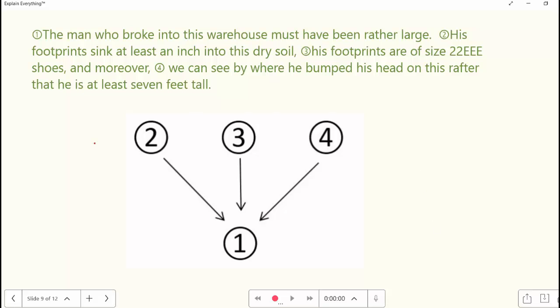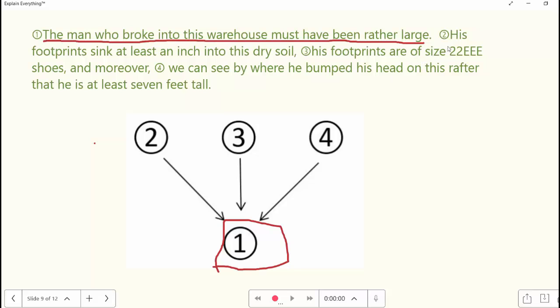So notice that we're first told the man who broke into this warehouse must have been rather large, and everything afterwards is the kind of information that would suggest that the person is large. So that's what informs us that this is our conclusion. And since it's 1 and it's the conclusion, or the inference, in this case both the inference and the conclusion, it gets put down here at the bottom.